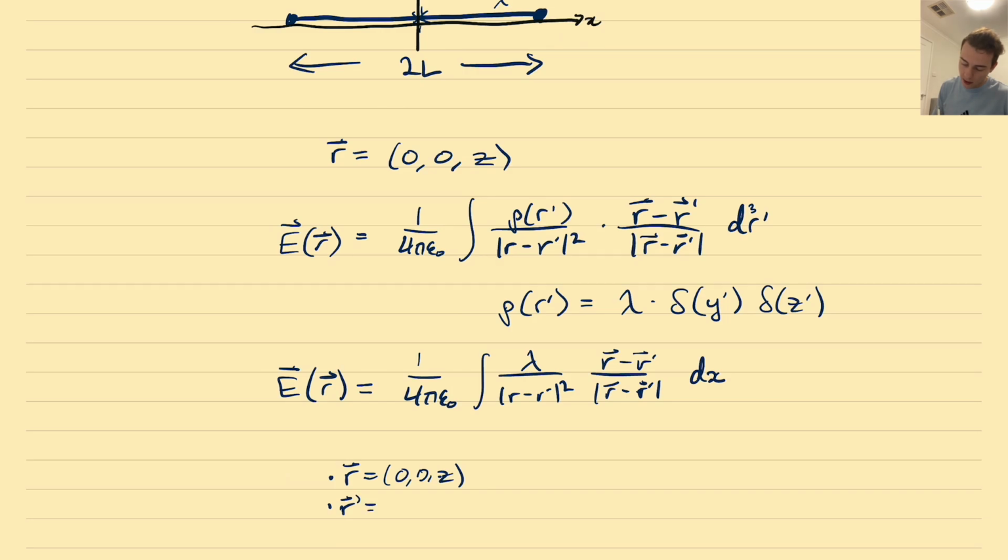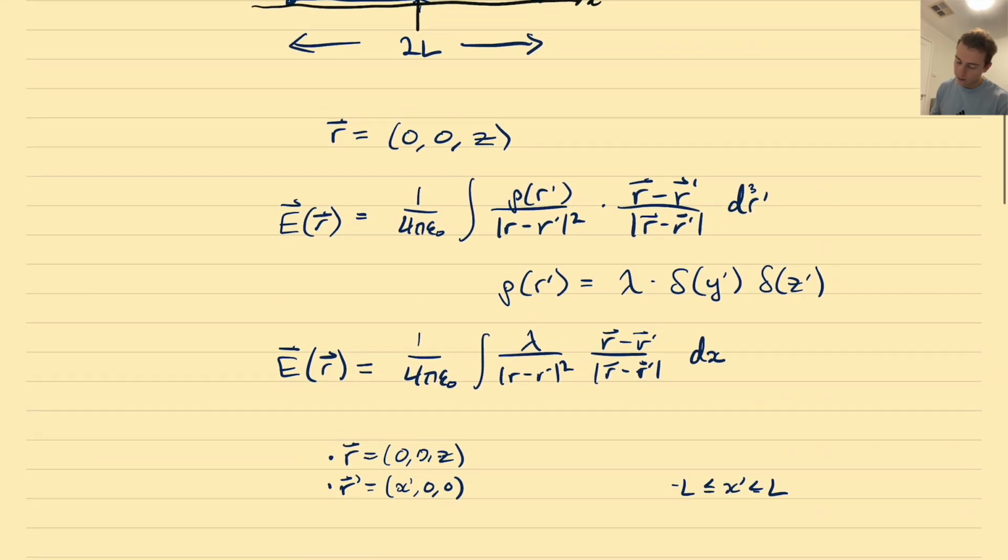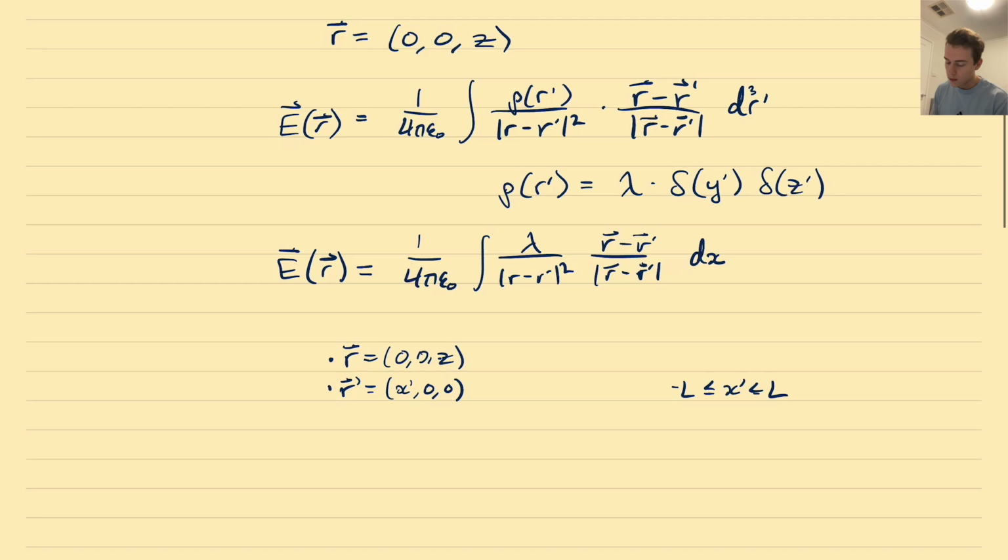The r prime that we're interested in, well, that's our integration, and that's going to take place over (x prime, 0, 0), because those are the locations of the wire, and the integration is going to go between minus L and L.